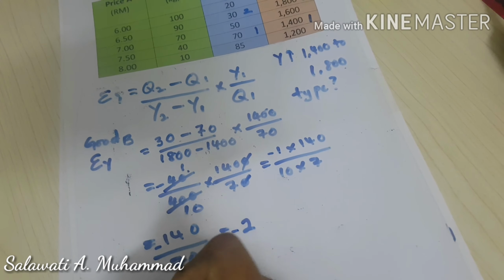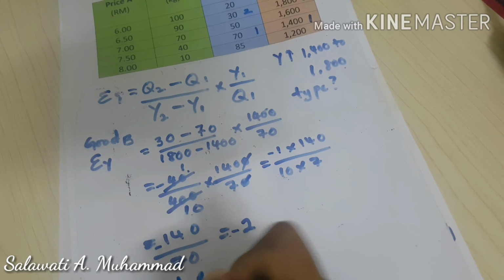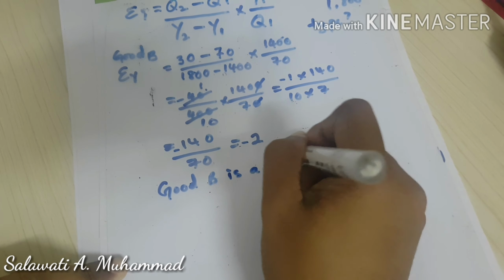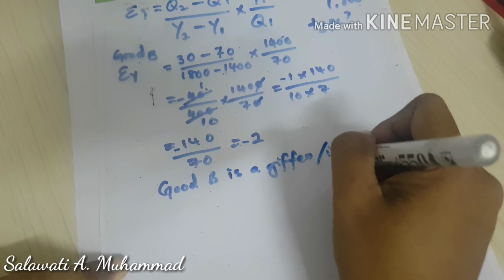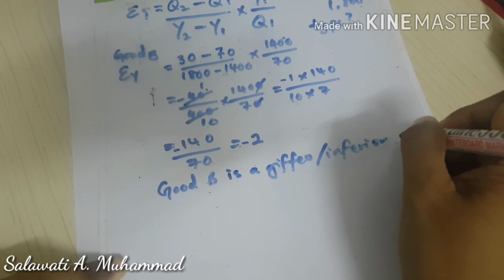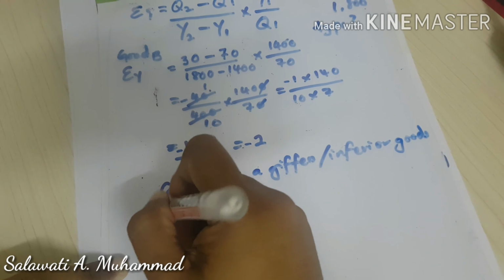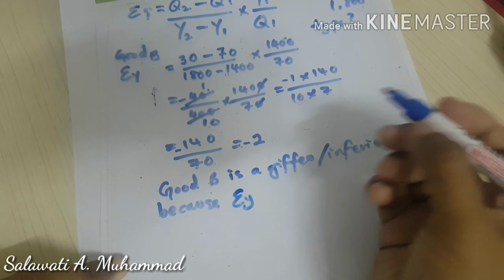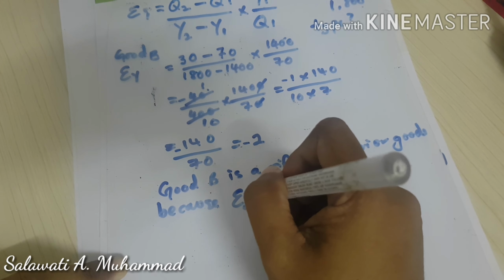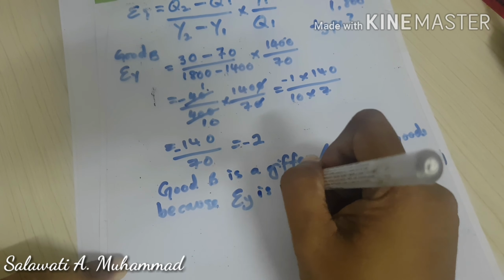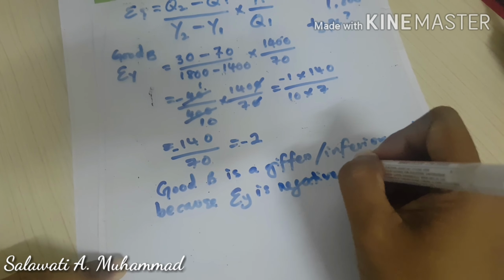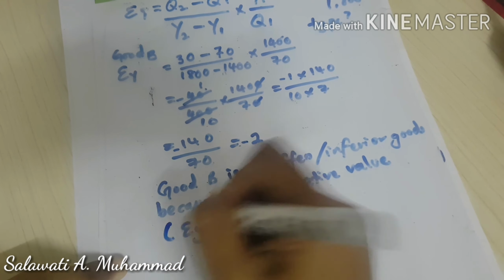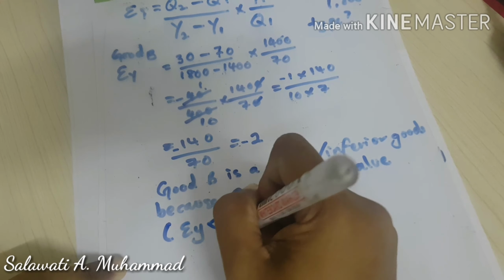Okay, so good B is an inferior good because income elasticity of demand is a negative value, or you can put it in brackets, EY less than 0.